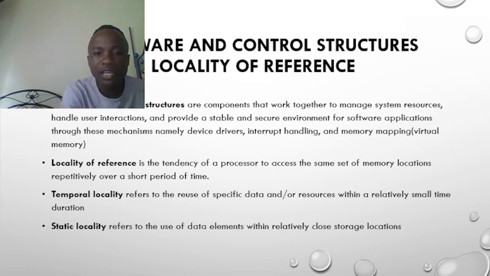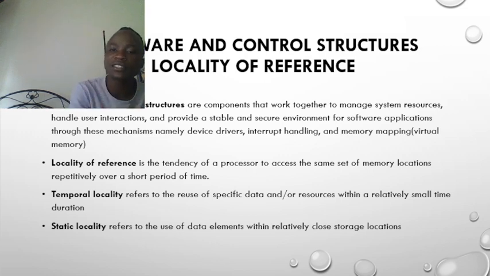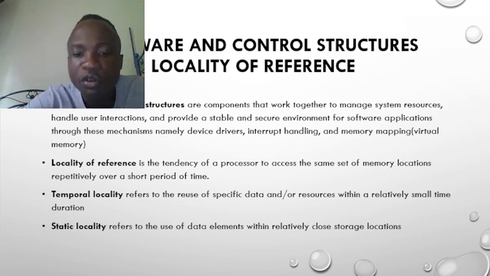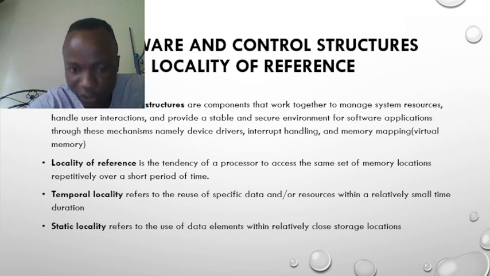Temporal locality, as a type of locality of reference, refers to the use of specific data or resources within a relatively small time duration. Here it is on the side of the CPU: the CPU uses the same data or resources within a relatively small time duration. We have spatial locality, which refers to the use of data elements within relatively close storage locations.